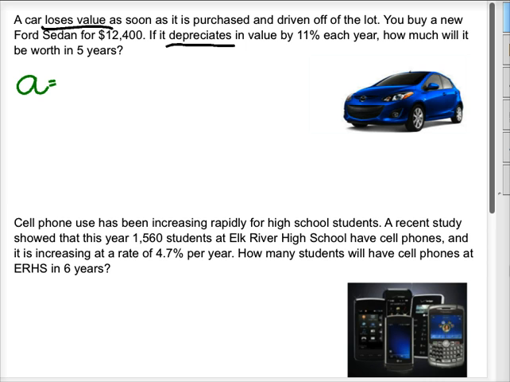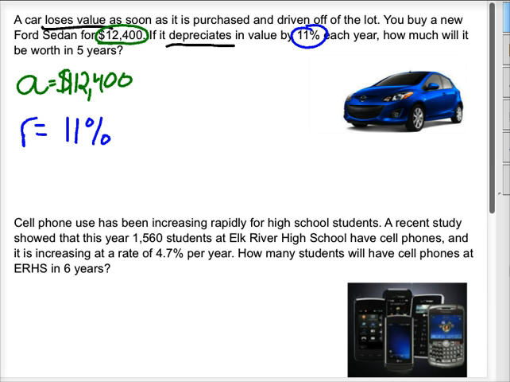The A value is the initial amount. So A is going to be 12,400. And then I need my rate, my R value. So 11%. But again, it's not useful to us as a percentage. We need it as a decimal. So I'm going to take that decimal spot and move it over 2 places. So as a decimal, my rate is 0.11.